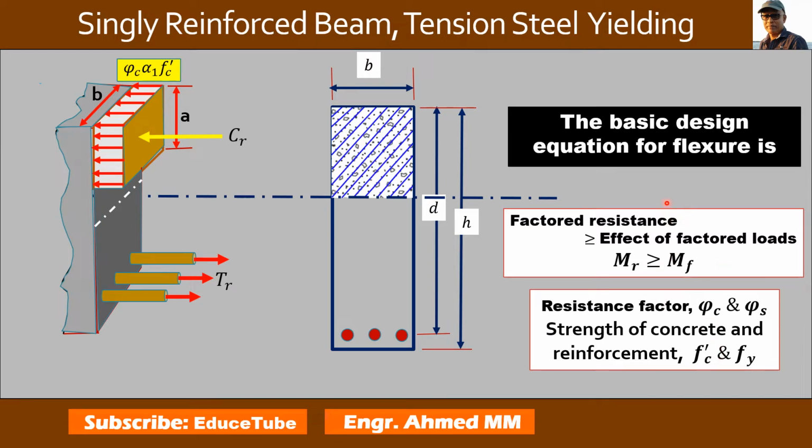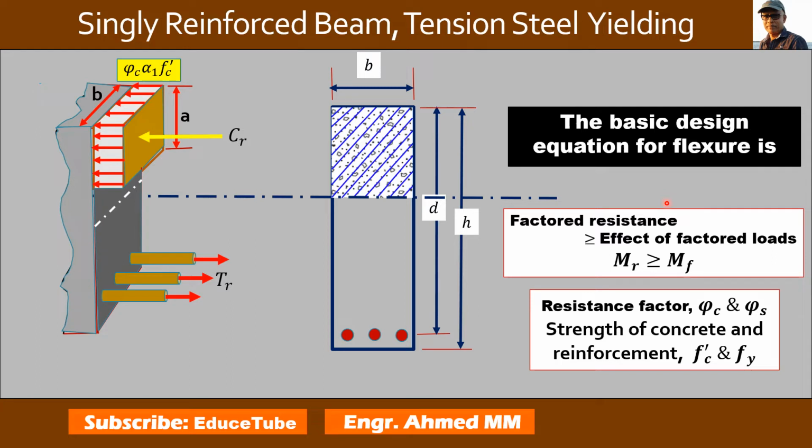This MF is the moment due to factored loads, the effect of factored loads, as I have written here. And the term MR refers to the factored moment resistance of the cross section.